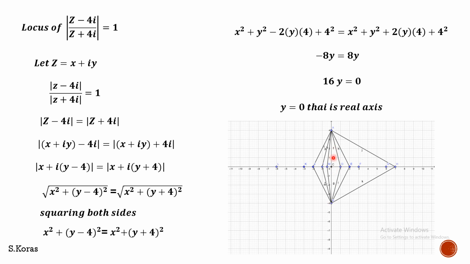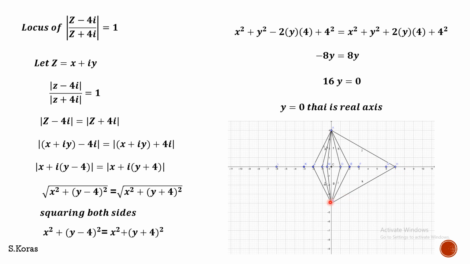So if a point moves like this, wherever it goes along this line, the distance from the moving point to plus 4i and to minus 4i will not change.